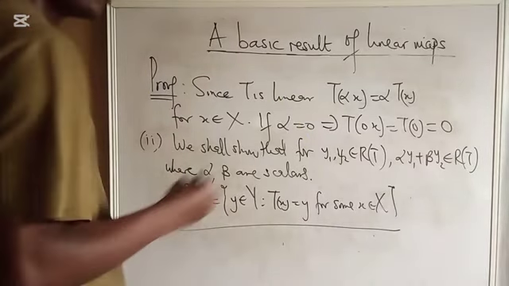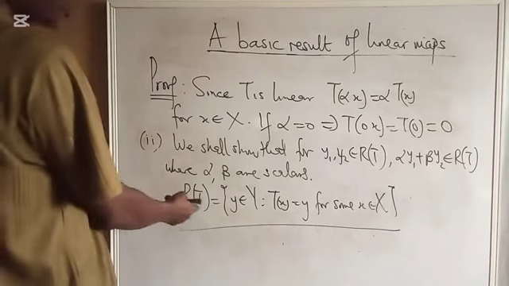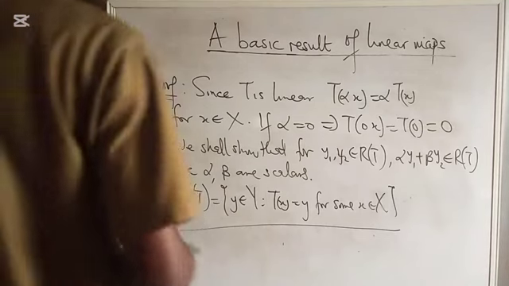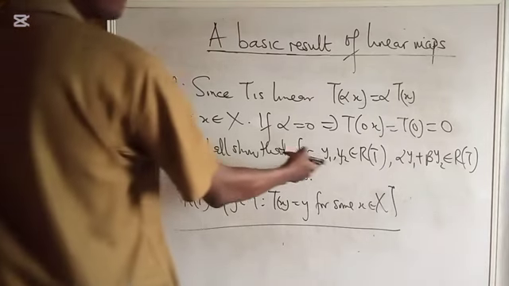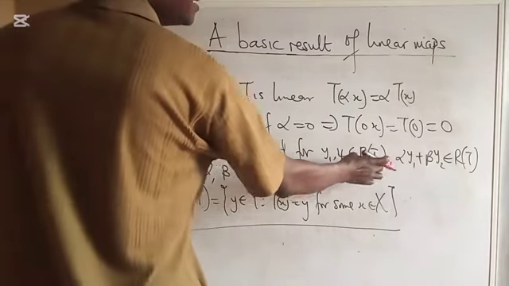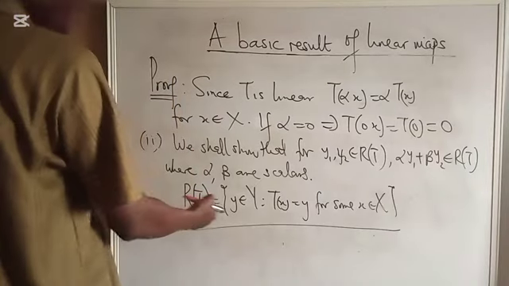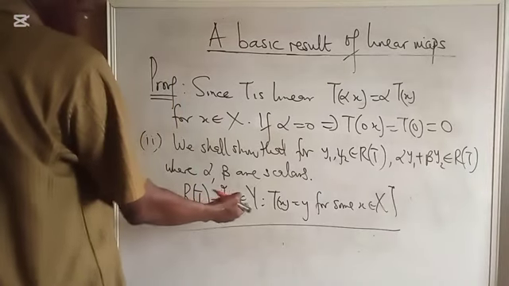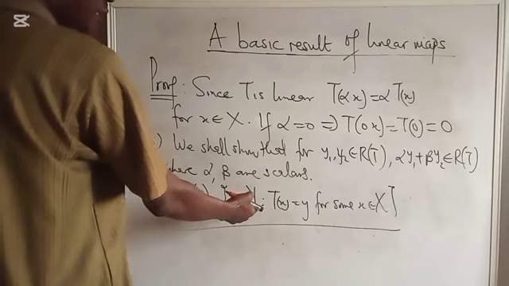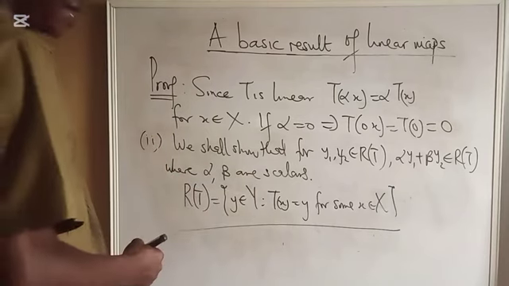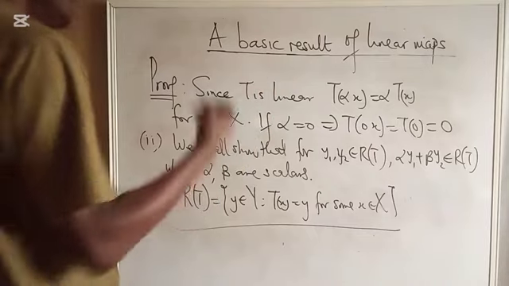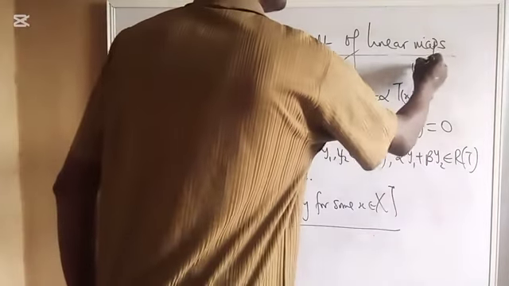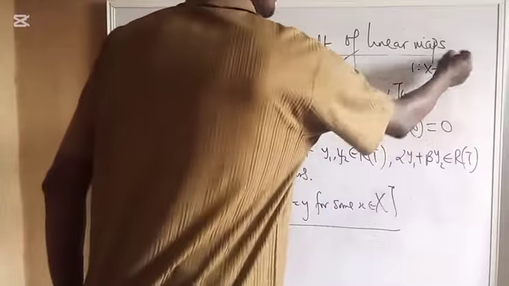So what we actually want to show is that the range of the function is a sublinear space of Y. Let's pick any two elements in that range. From this definition, y is an element in the linear space Y, and Y is the codomain.